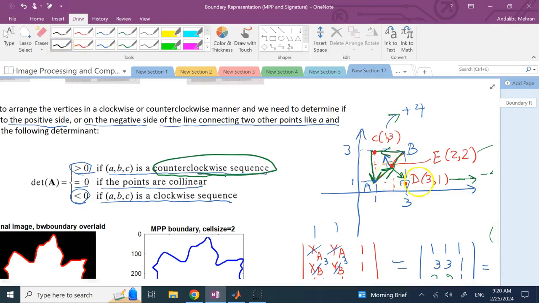On the other hand, if I go from A to B first, then to the third point, so A to B, then B to D, and then go back, clearly you see this order is clockwise, while the green one was counterclockwise. And for E, there is no order, they are on the same line.